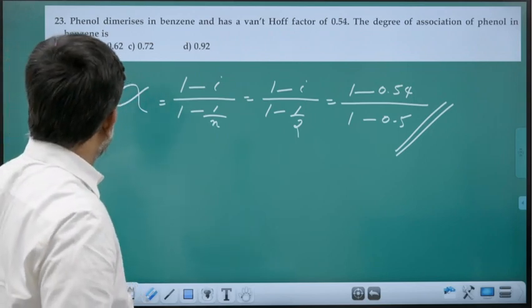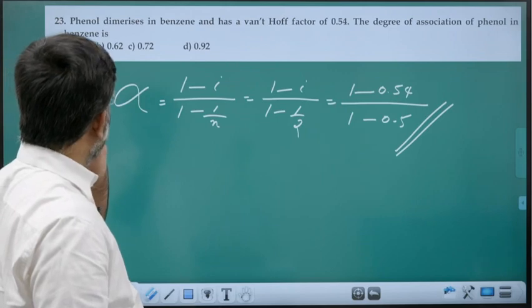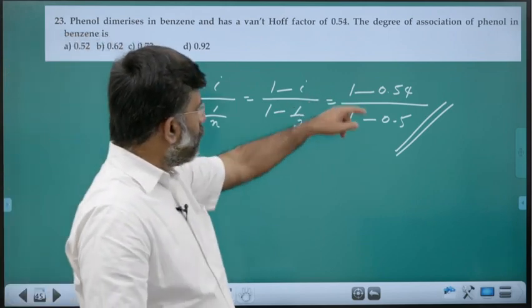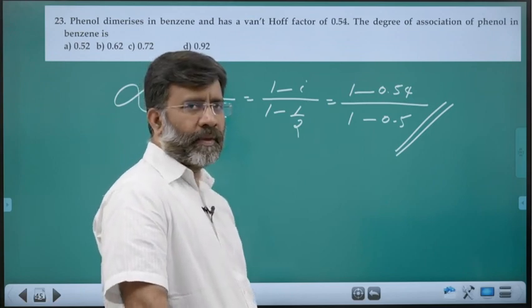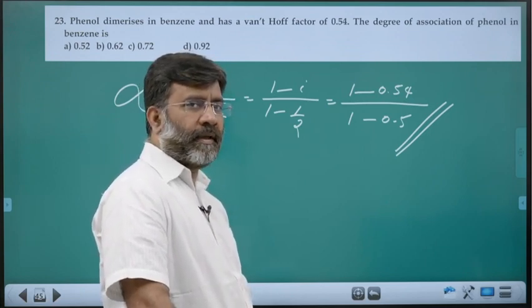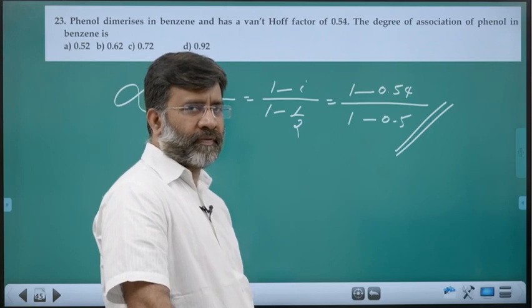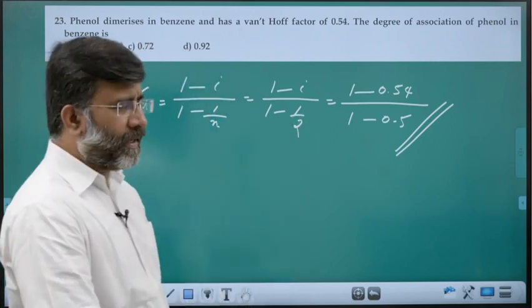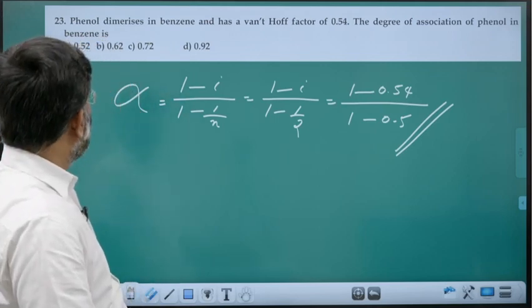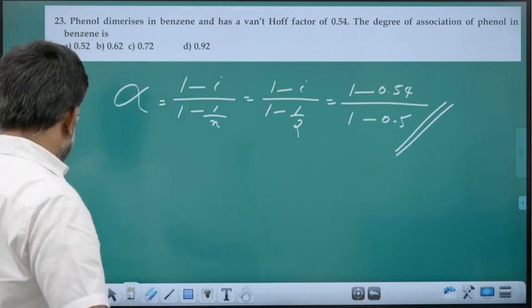So how much is it? Very close to 90, very close to 100, because it is going to be some 46, isn't it? 0.46 by 0.5, that is 46 by 50. 46 by 50 is very close to some 95%. Option D should be the answer.